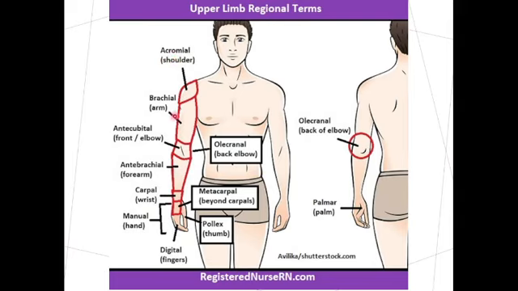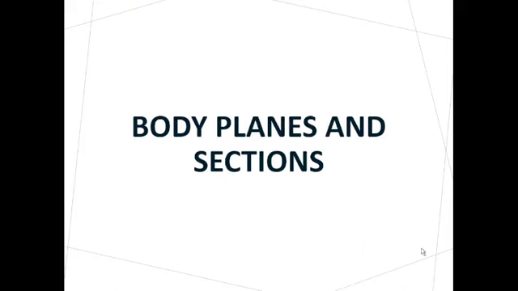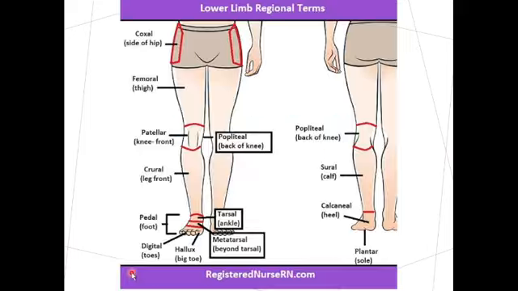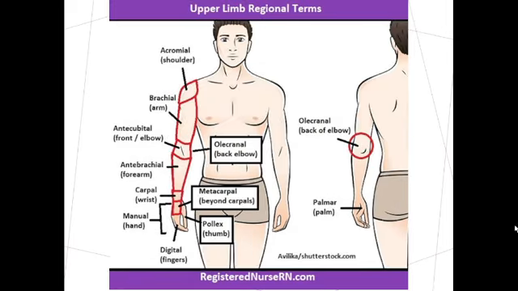Next is the brachial. This is the arm, your arms. This is why most muscles have brachii in their name. We have the biceps brachii, triceps brachii, or the brachialis. Antebrachial refers to the forearm region, which is right here.